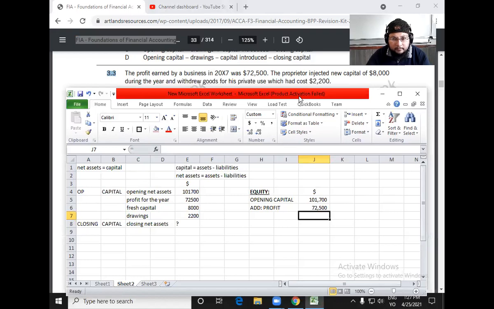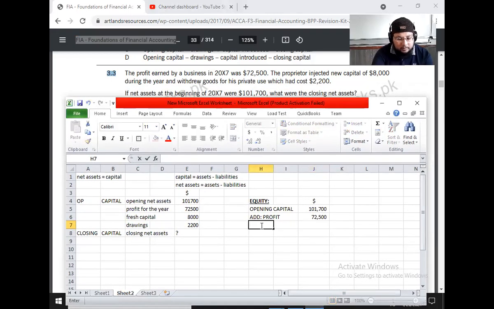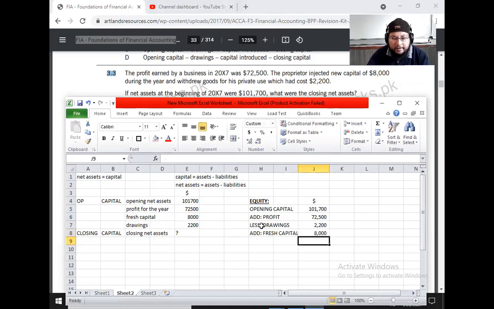So we subtract drawings, and in this question we have 2,200 as drawings. And remember, we always add our fresh capital because this is what we inject during the year. So 8,000 is the fresh capital in this question.